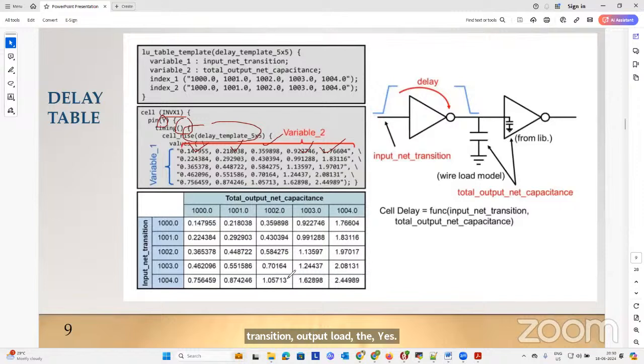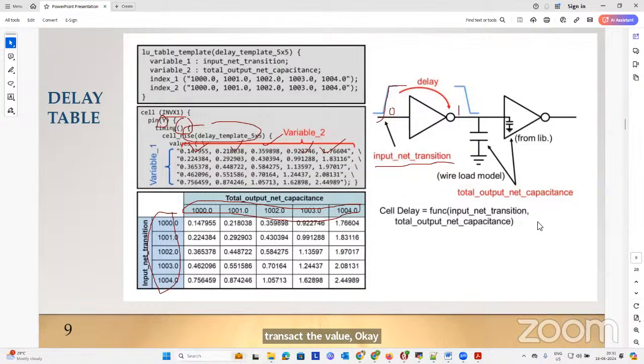Here, input net transition and output capacitance. Input net transition is nothing but the time taken to transition the value from input to output.